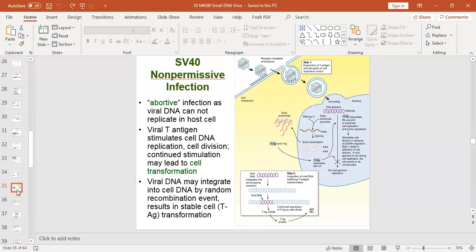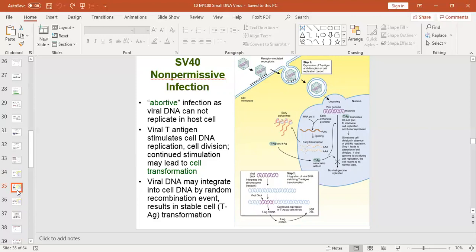I also mentioned that in some hosts, SV40 has a non-permissive infection, or abortive infection, meaning that we have viral DNA that cannot replicate in the host cell. The genome cannot make more of itself.